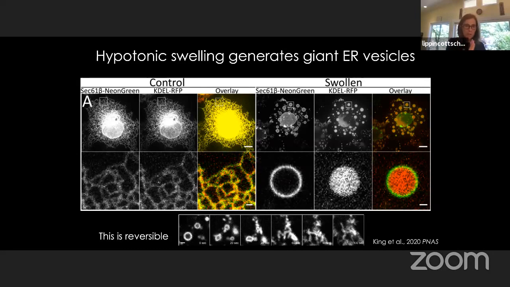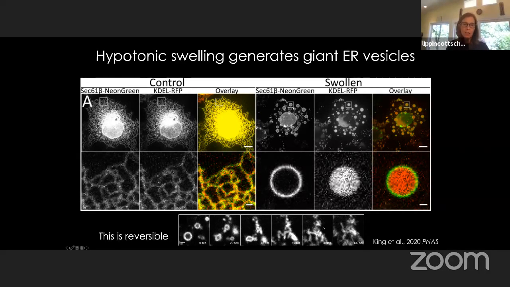Oftentimes, this is followed by an apoptotic event 15 minutes later. And it's presumably because we've actually herniated mitochondria during the process of swelling. So this is all an aside, but it's a very interesting pathway.